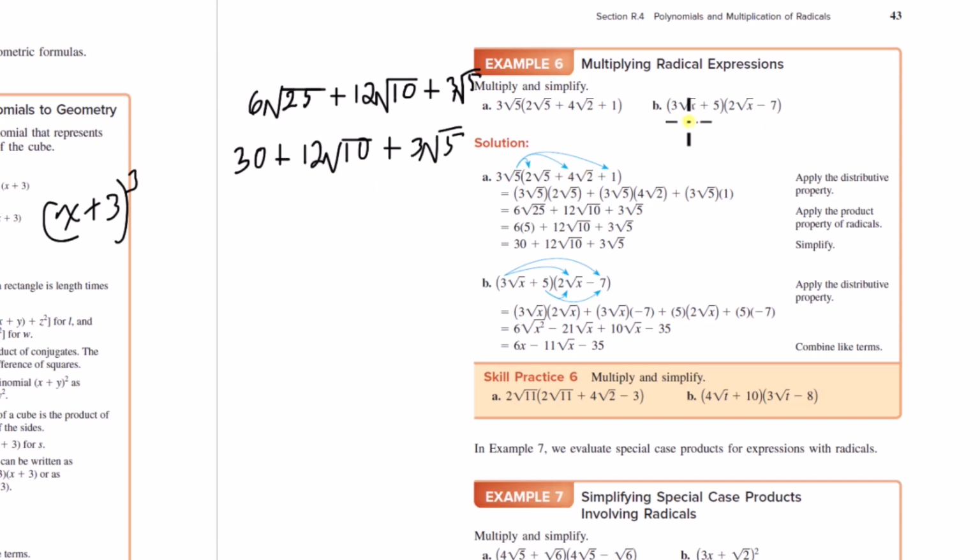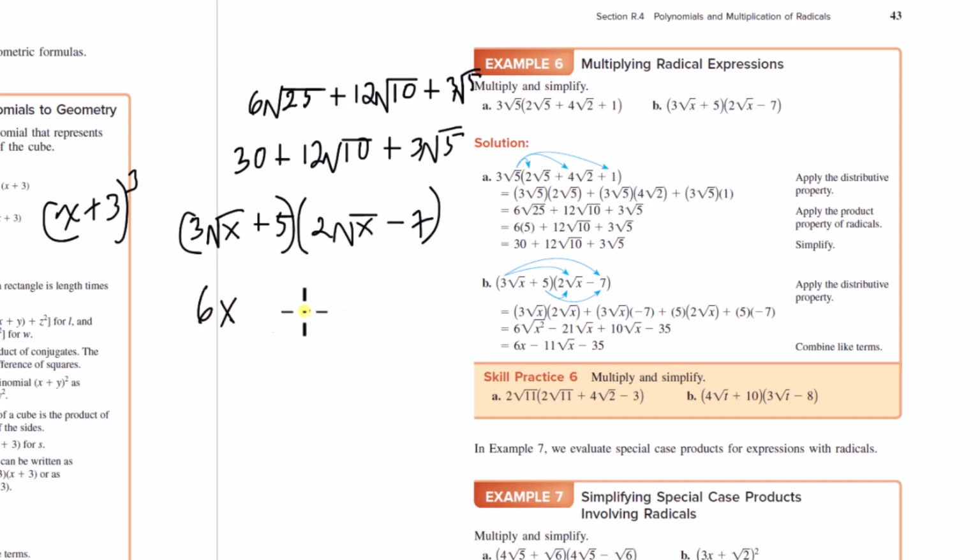Okay, let's see. This 3 root x plus 5, and then 2 root x minus 7. So we've got 6, and then root x times root x is going to be x. Then minus 7 times 3 is 21 root x.